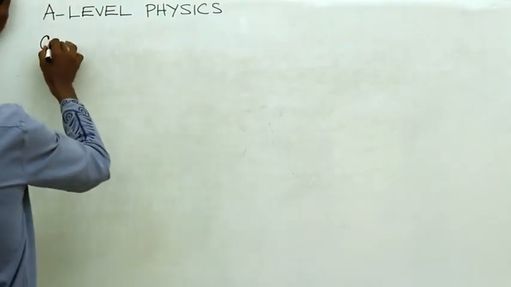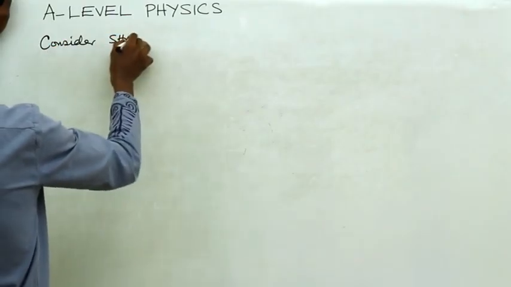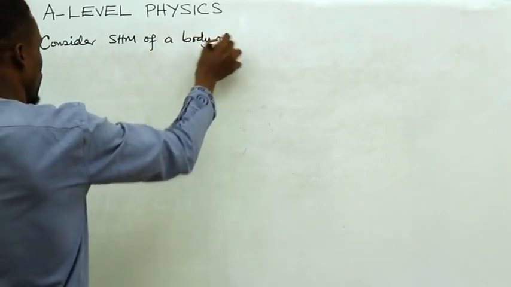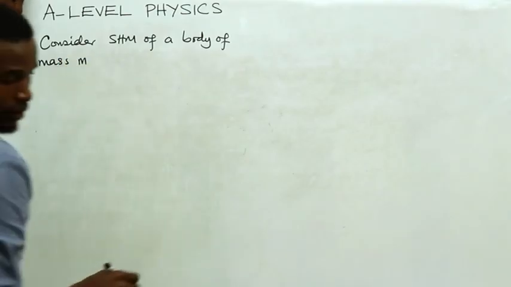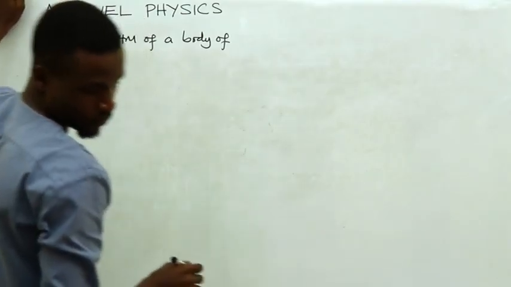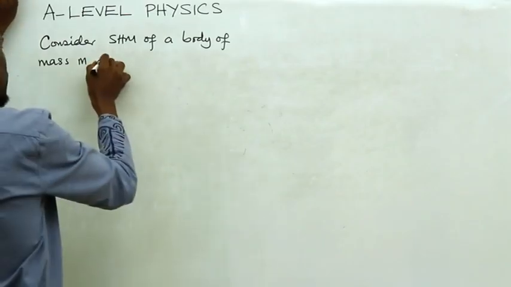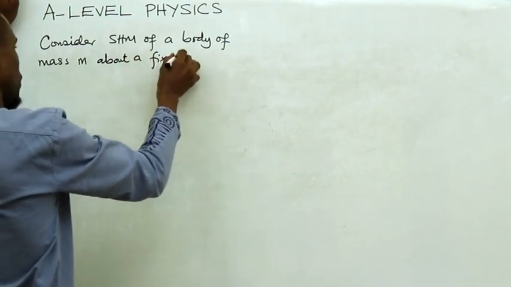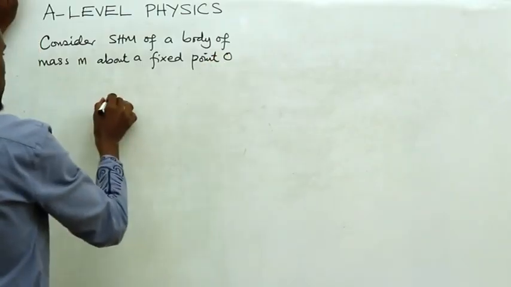So consider simple harmonic motion of a body of mass m about a fixed point O. So this is our body.